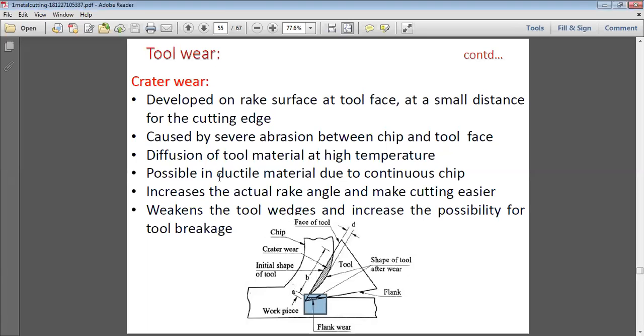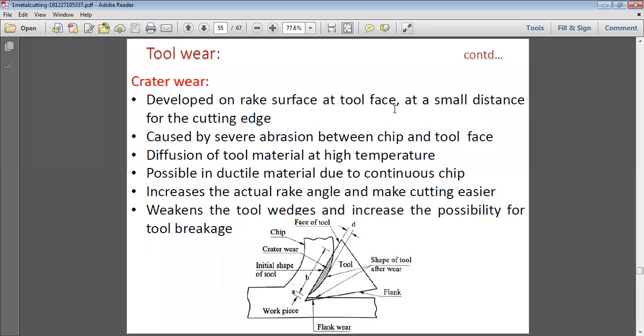Here, there is also diffusion of tool material at high temperature. Generally, when the cutting tool advances into the workpiece, because of the continuous cutting and the presence of friction, the tool gets heated up. In order to get the metal taken off from the workpiece, the temperature has to go beyond that of the particular workpiece.